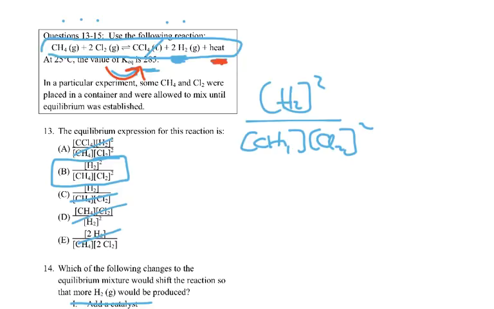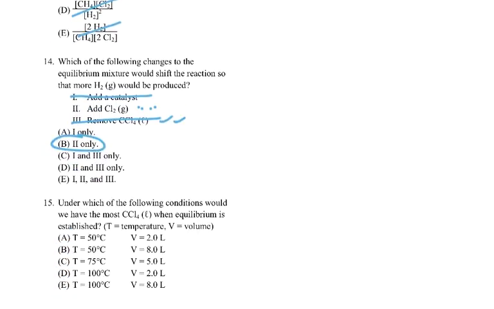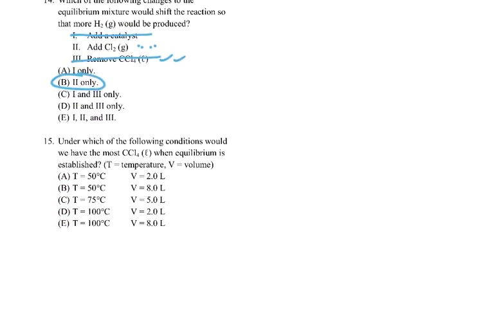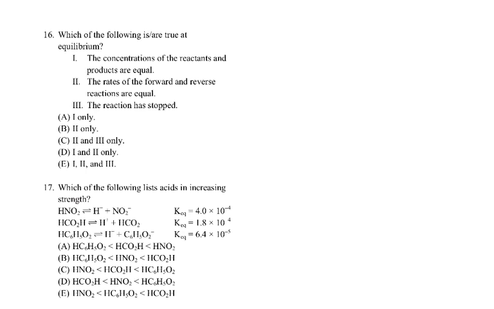If I have high temperature, that'll shift it to the left, so I want low temperature. And the volume, because I have 2 moles of gas and 3 moles of gas, the small volume will shift it to the right. So I want low volume and low temperature, and that looks like answer A. The lowest temperature and the lowest volume. And that's that answer.